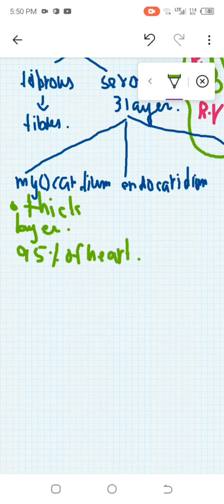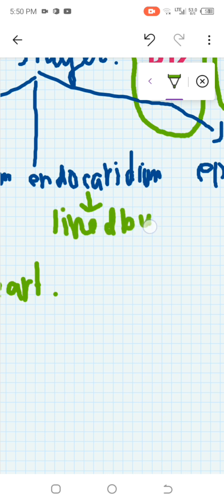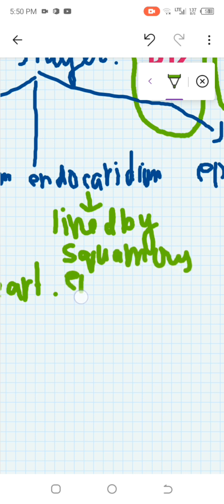And the other layer is the endocardium, which is the layer of the atria and ventricles, lined by squamous epithelium. So the endocardium is lined by squamous epithelium.